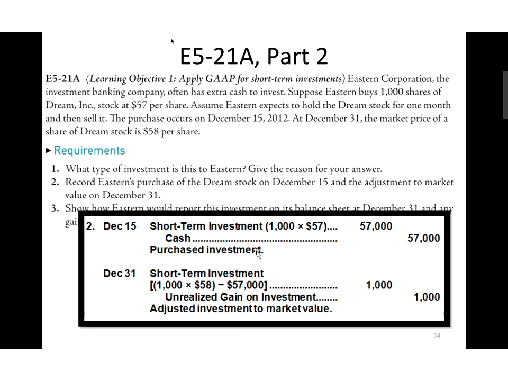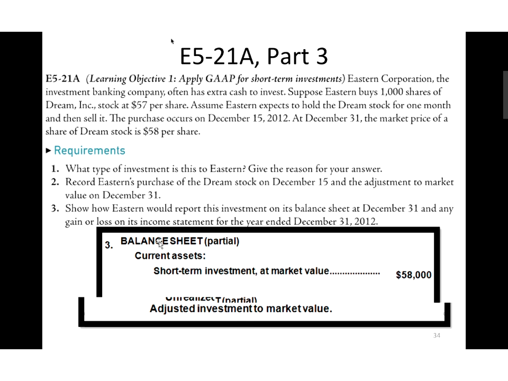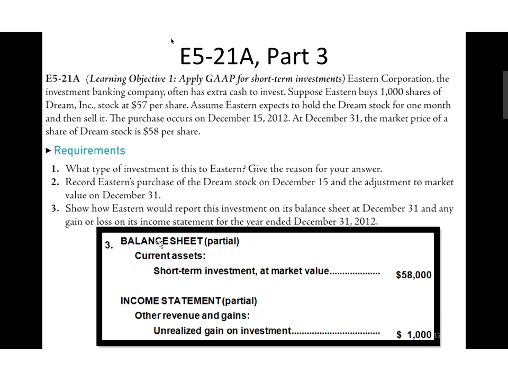Requirement 3: show how they would report this investment on their balance sheet and any gain on the income statement. On the balance sheet, this would be shown under current assets at market value, the $58,000, and then the income statement under other revenues and gains will show that unrealized gain on investment for 1,000.